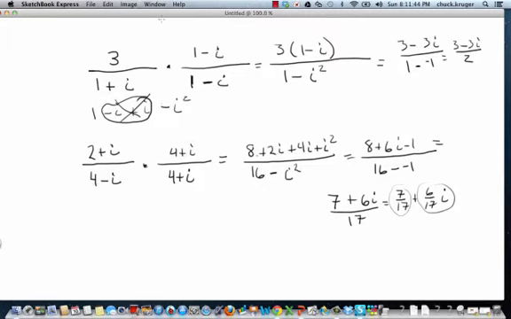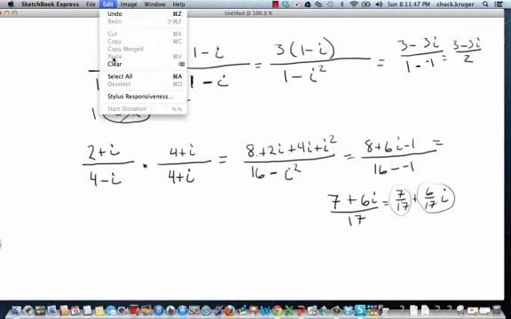Alright, I'm going to do one more. I'm going to have 2 plus 3i over 3 minus 5i. Okay, so now I'm going to multiply again by the conjugate, which is 3 plus 5i.